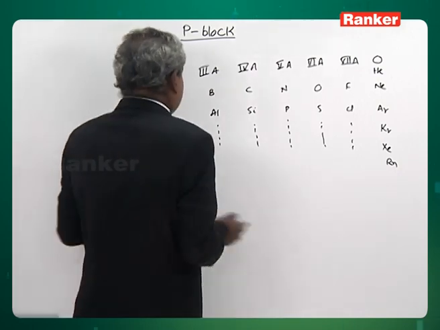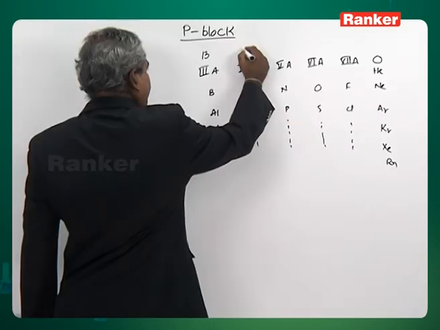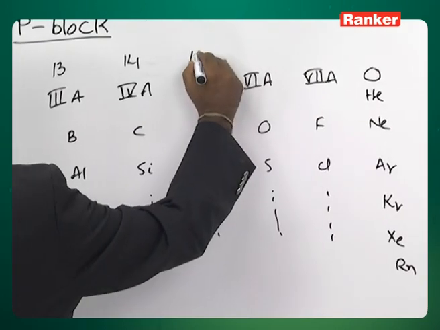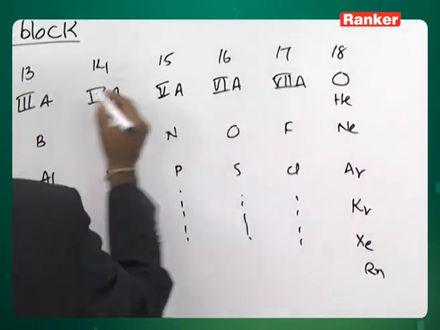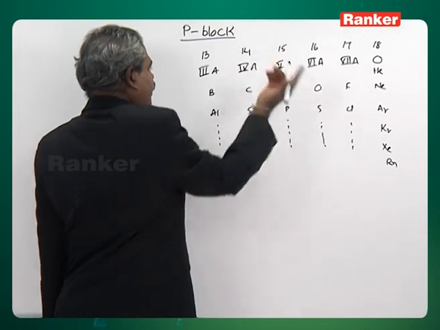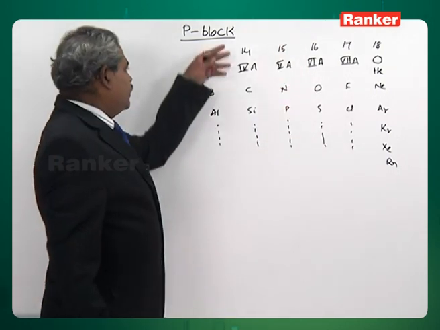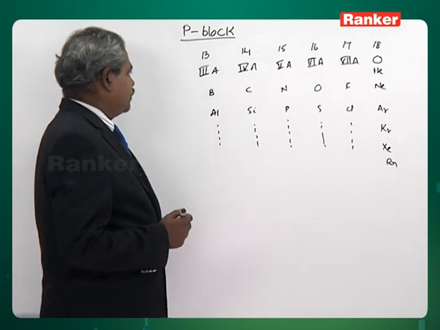So, the new numbers that have been given by the IUPAC are 13, 14, 15, 16, 17 and 18. And of course, 13, 3, 14, 4, 15, 5 means just add 10 to get the new number. 3A means 13th group elements.